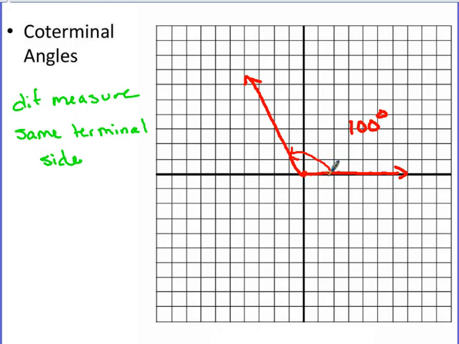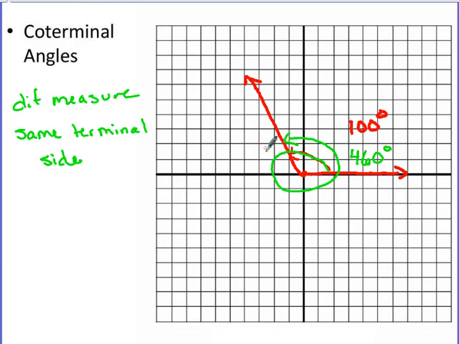I could also go a full circle around and then back to this same place. Now that gives me a 460-degree angle, but it has the same initial side, the same terminal side, just a different measurement. I could also go in the opposite direction.